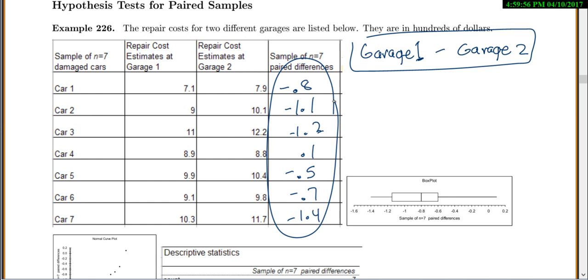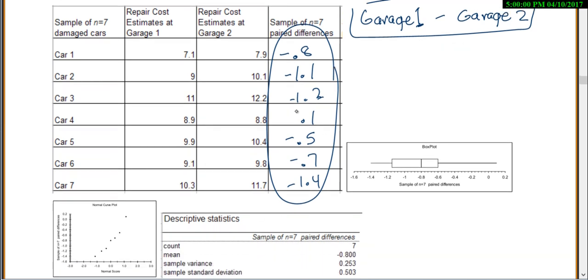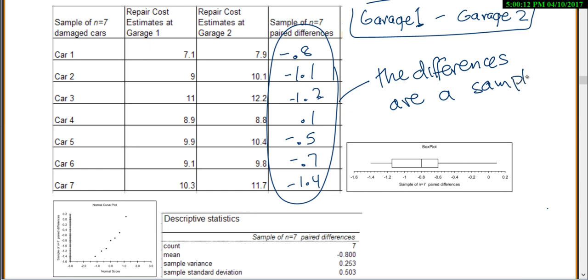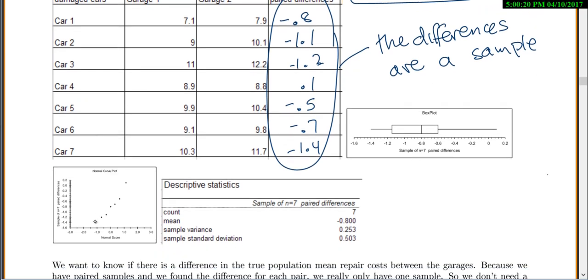So what I can do is look at these differences as just one sample. The differences are basically a sample on their own. So I can look at the box plot of the differences. It looks almost symmetric. I can look at a normal quantile plot of the differences, and it's almost symmetric.